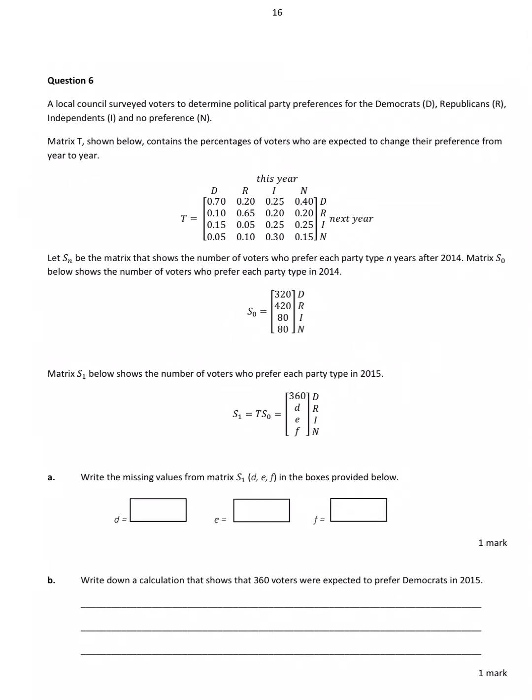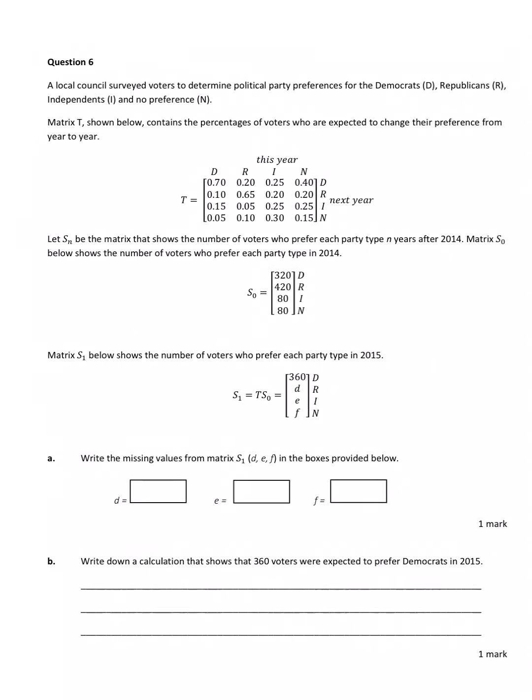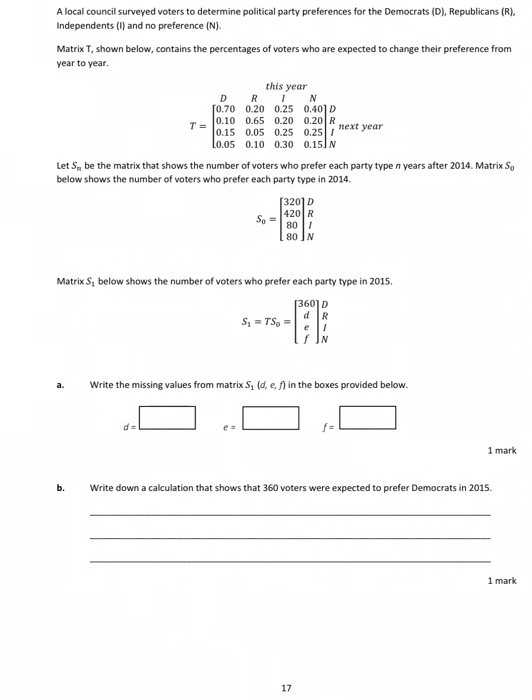We've also got the initial state matrix, which shows the number of people who prefer each party type in 2014. All right, and then we've got matrix S1 shows the number of voters who prefer each party type in 2015. Okay, write the missing values from S1, D, E, and F in the boxes provided.